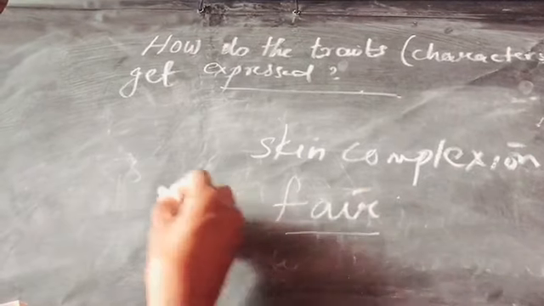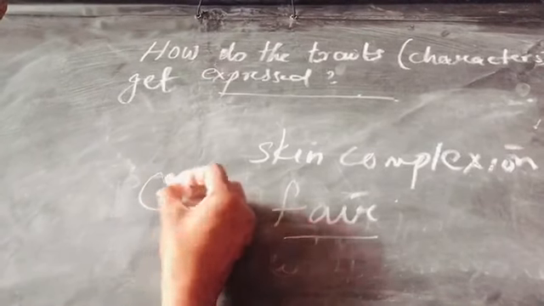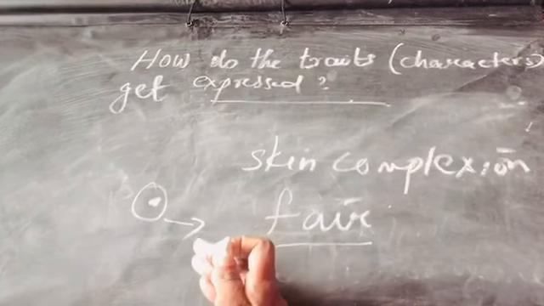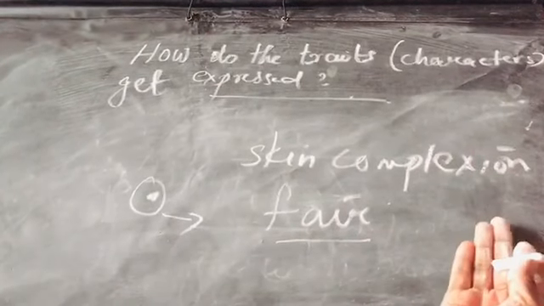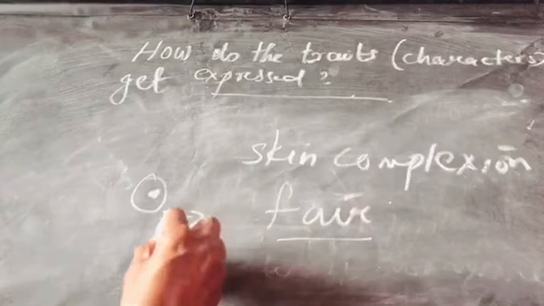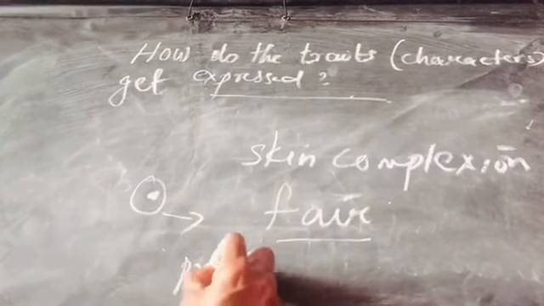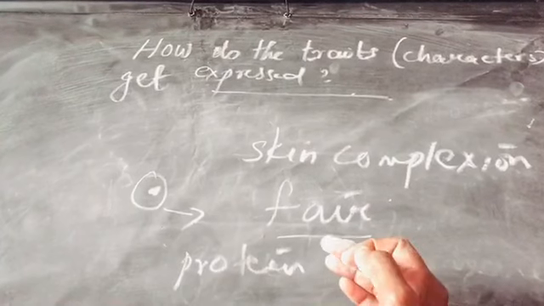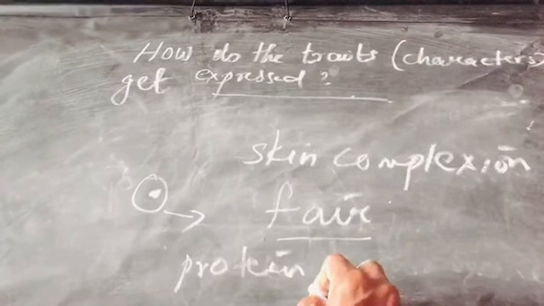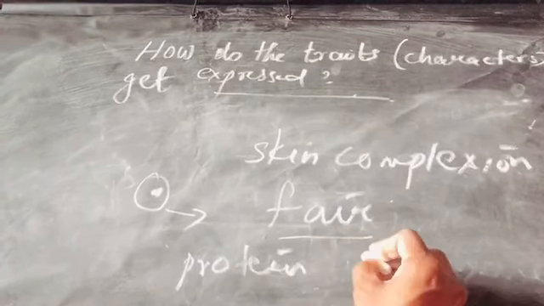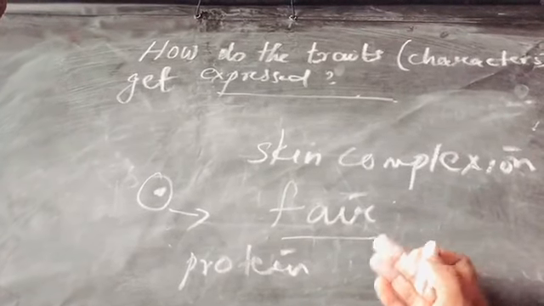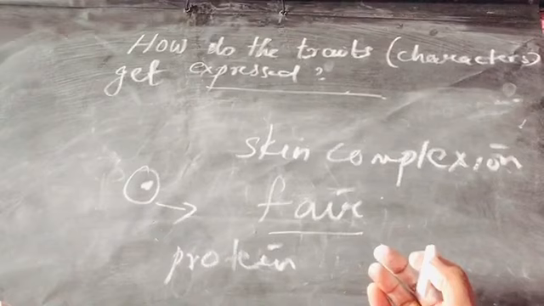So, suppose this is a zygote, and this zygote is going to become a baby who will have a very fair skin complexion, a fair baby. In that case, the protein which is present in the child's body, that is in each cell of the child's body, will always keep the melanin pigment very less, so that the child will look fair.